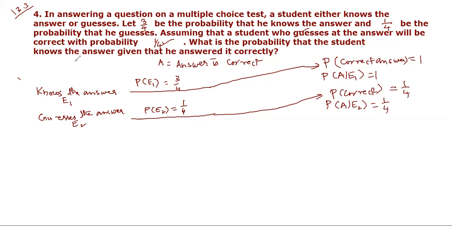What is the probability that the student knows the answer? Knows the answer means E1, and he answered correctly, so A is that the answer is correct.